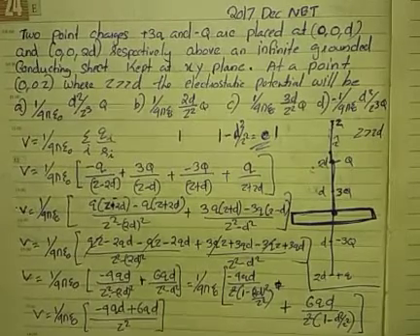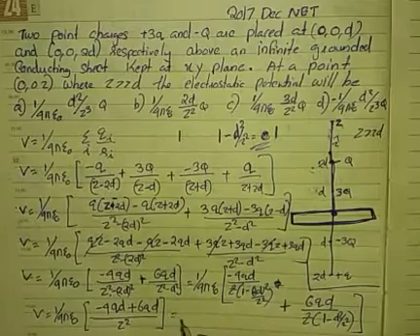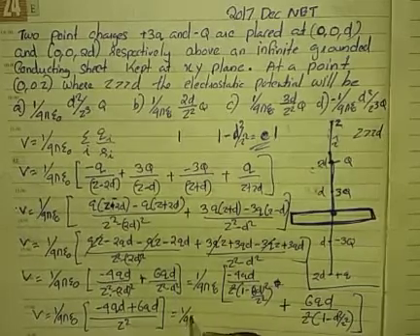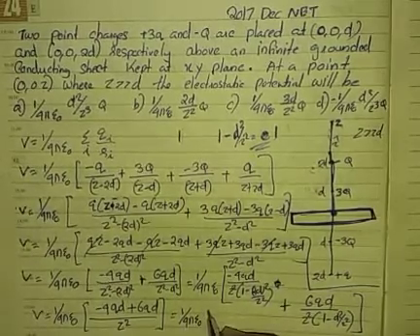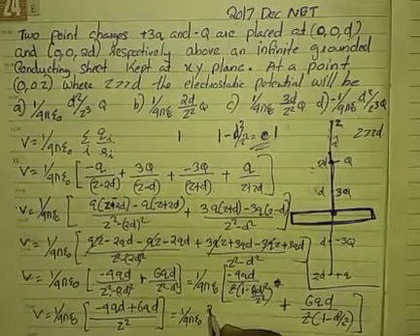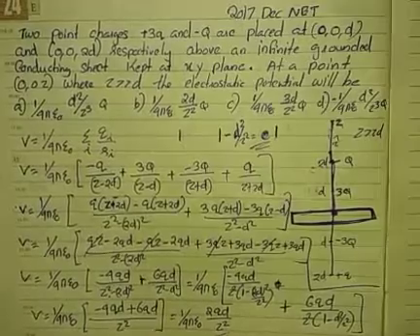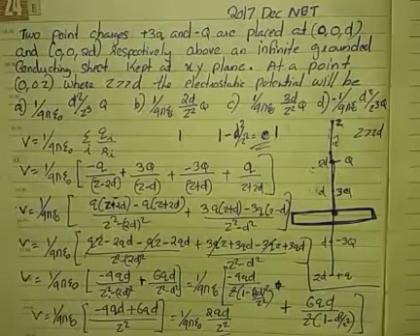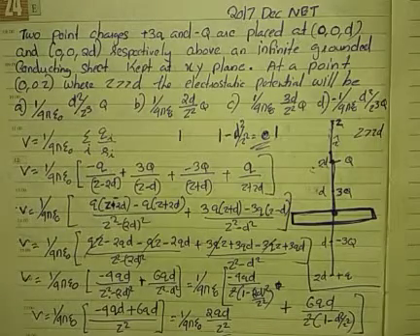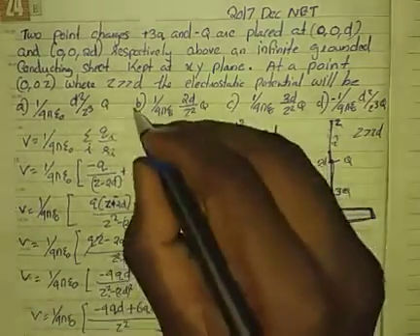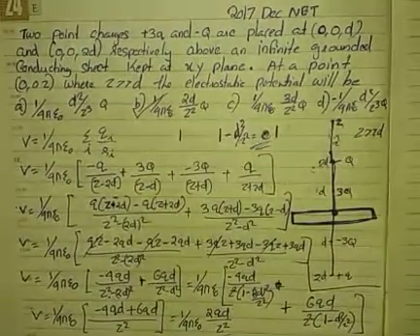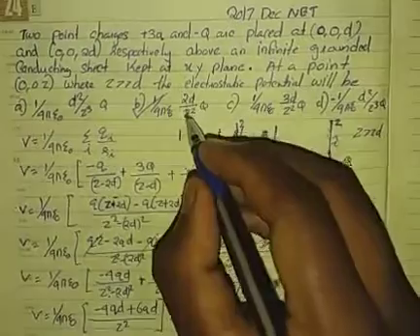Which means V is equal to 1 by 4 pi epsilon 0 into 6qd minus 4qd, which is 2qd, by z square. That's the answer right there. The right option is option B, 2qd by z square.